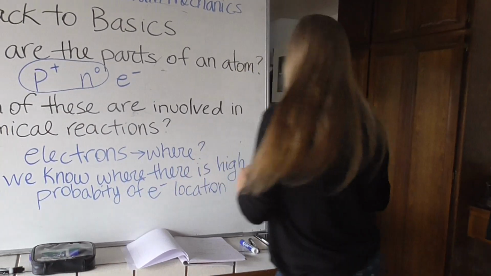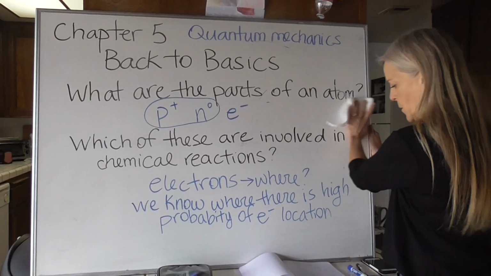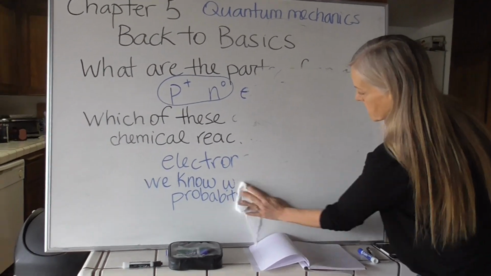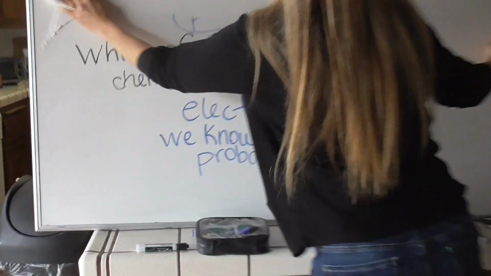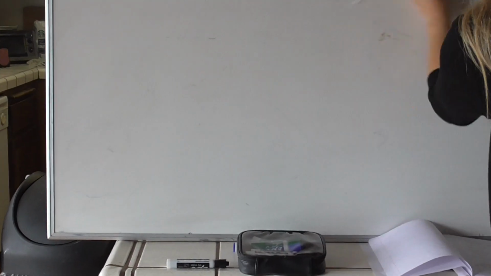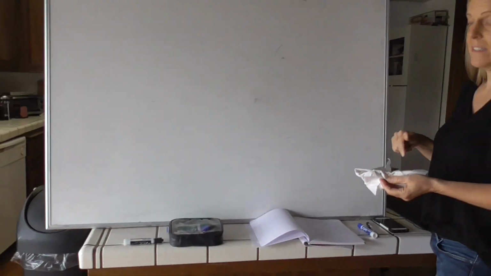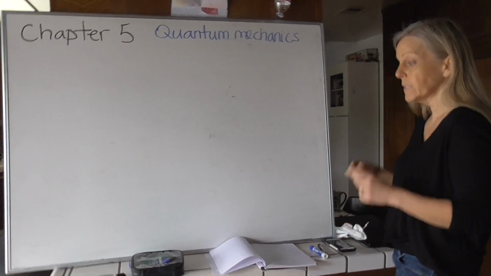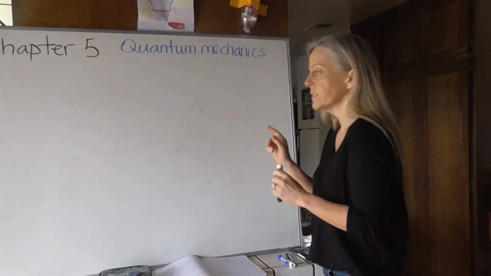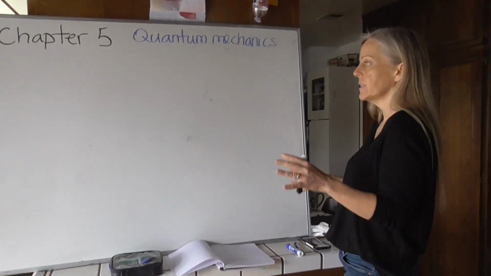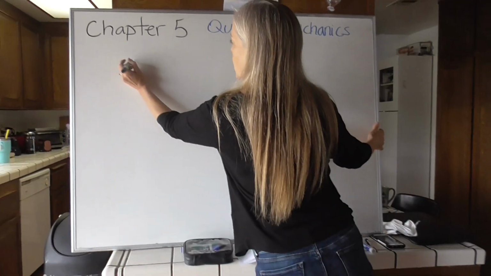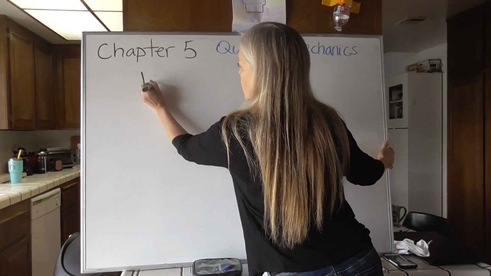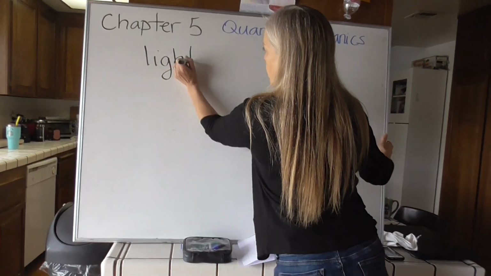So we're going to start with explaining everything in terms of something that's not an electron. So what's not an electron that we're going to start with, that later on we're going to be able to relate to the electron's behavior, is light.